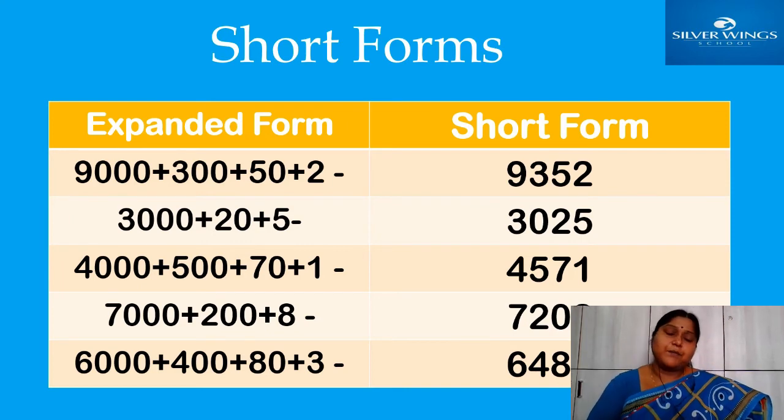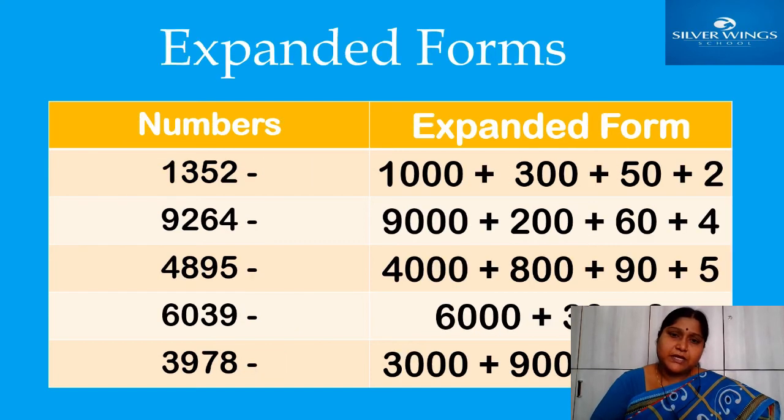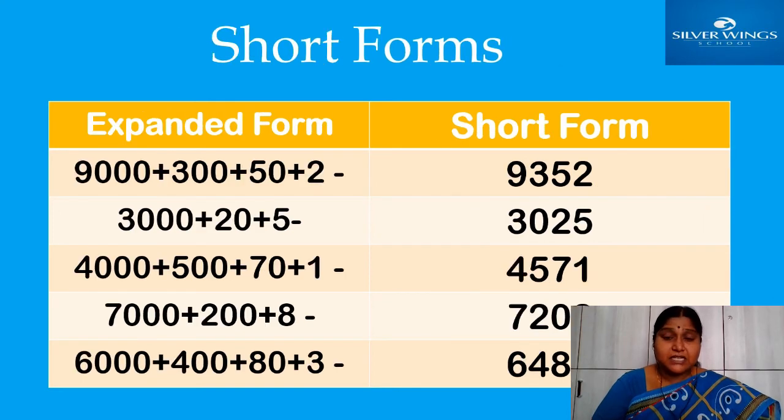See here one important point children. Once again I will show you. Here in expanded forms, see the fourth number, 6039. 0, okay, no need to write in the expanded form, I said. But in the short forms, it is very important to write 0.